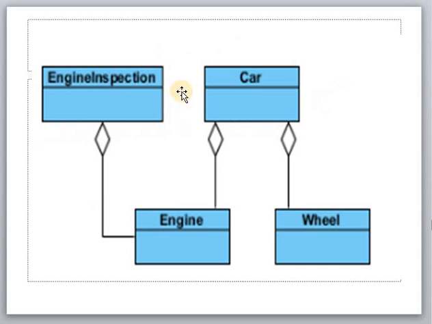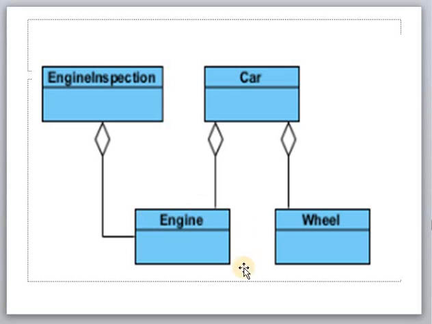So here in the given example of aggregation, we can see that car is the whole, and wheel and engine are the parts of this particular whole car. A wheel and engine can live without this whole car.